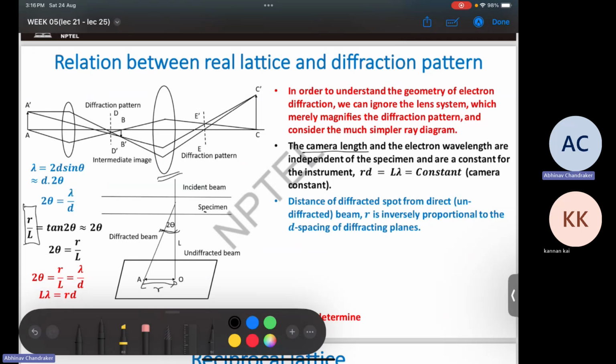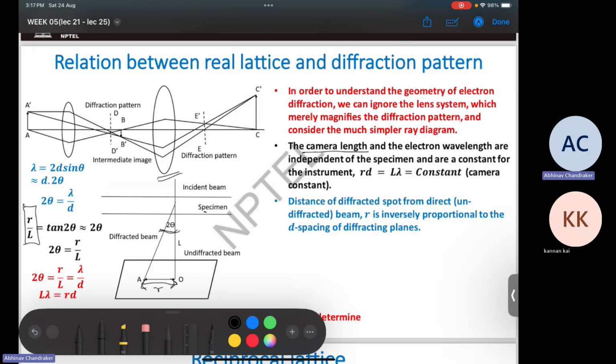Let's call it camera length and write it as capital L. And if small r is the distance of the diffracted beam from the direct beam, then small r by L is tan 2 theta, which is approximately 2 theta because the theta angle is very small in the case of TEM.